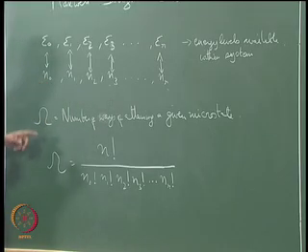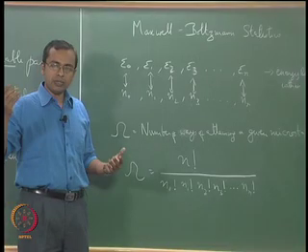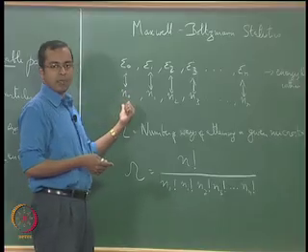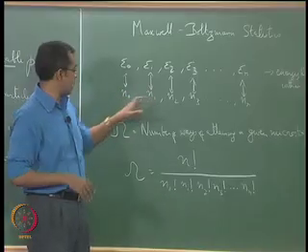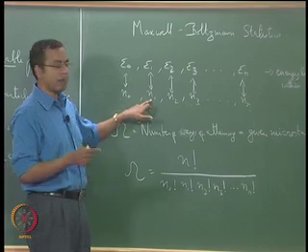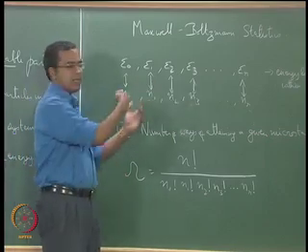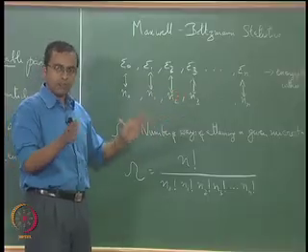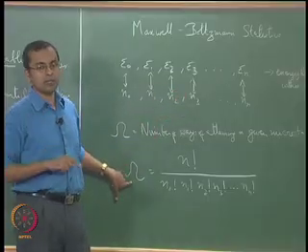I can do the same calculation for another microstate where, say, 2 particles have been added to N0 and removed from N1. So in the new microstate this would be N0 plus 2 and N1 minus 2, everything else would be the same. Like this you can keep adding and removing particles from different energy levels, and for each possibility you can calculate the number of ways of attaining that microstate, okay.